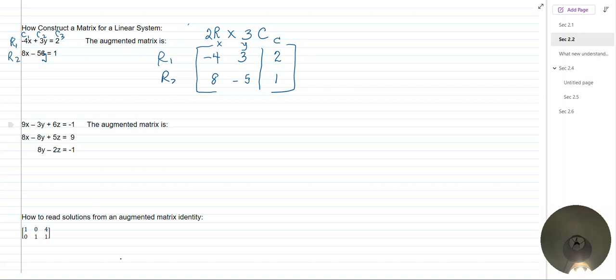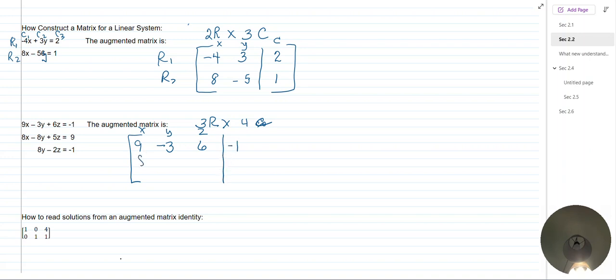Here we have a 3 rows by 4 columns. I'm going to put a capital C. So we're going to go with our 3 rows and say 9 for x, -3 for y, and our z is 6, and our augmented is -1.